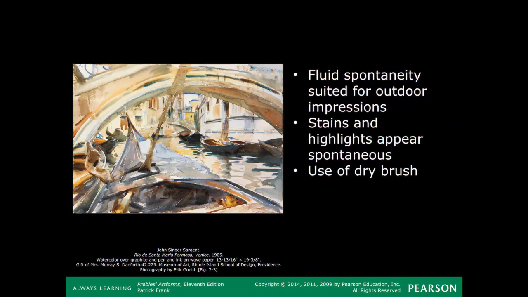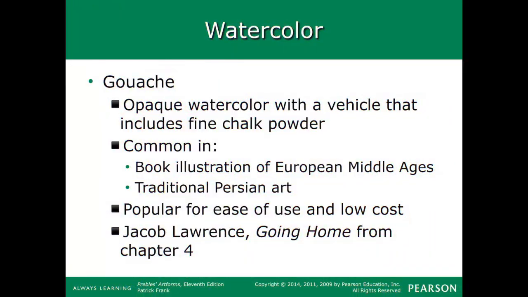If you look at the watercolor painting we have here, especially with things like the ripples in the water and the expressive uses of shadows under the bridge, you can see how the translucency of the watercolor is what makes the medium so unique from other types of media. And this is a work by John Singer Sargent, Rio de Santa Maria Formosa, Venice, made in 1905.